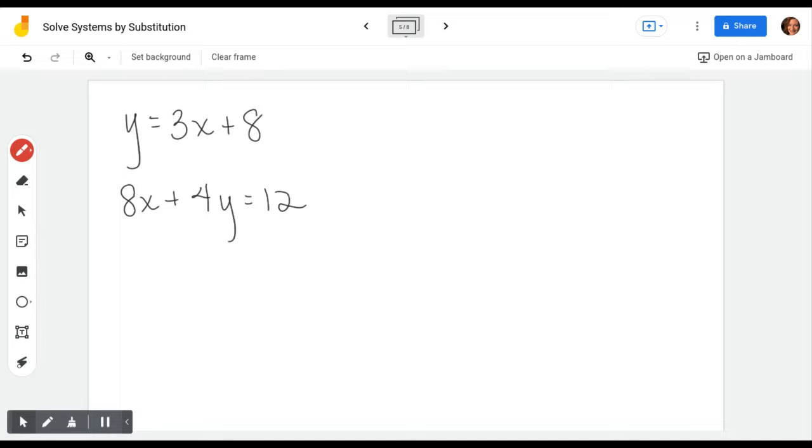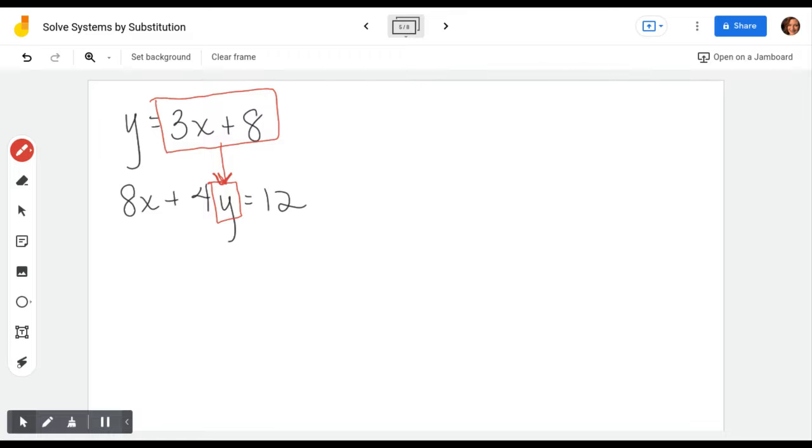Okay. Now, on this one, they don't both say y equals, but you really just need to make sure one equation has one of the variables by itself. There's no reason to do extra work. I'm going to take this expression and I'm going to replace y with it in the other equation.